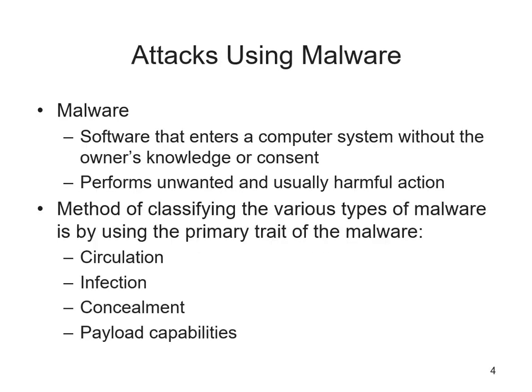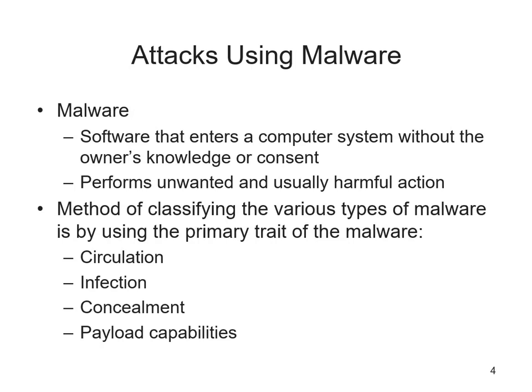To define it, malware is software that enters a computer system without the user's knowledge or consent, and then performs unwanted and usually harmful actions on the computer. Strictly speaking, malware is a threat vector to the computer, which maliciously delivers a payload that performs harmful operations once it is invoked on the computer.